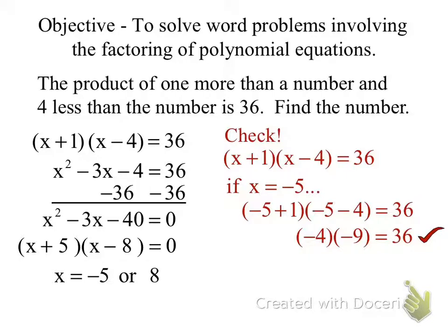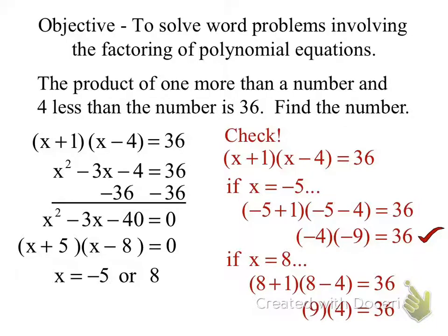So we have a check method with this. That's what's good about this math at the end. It's really easy to check. And then we have to check the other one. Substitute the 8 in. 8 plus 1 times 8 minus 4. Again, I still get 36. Yes? But there's one thing you can't check, and it's how you write the problem at first. Yeah, you're right.